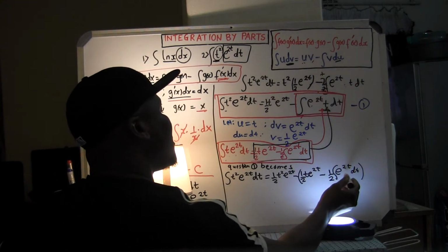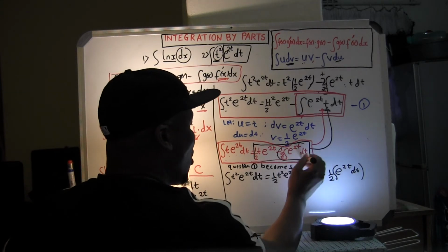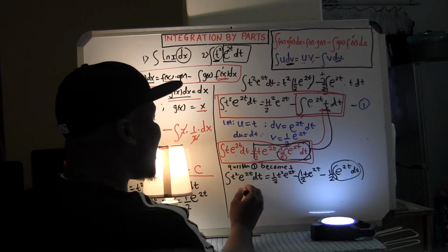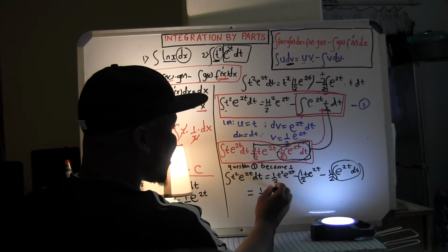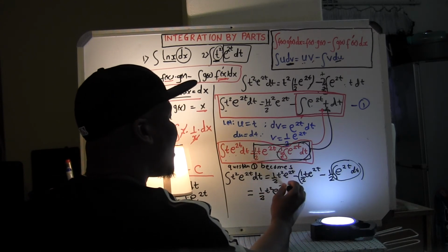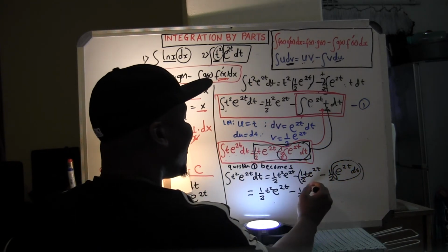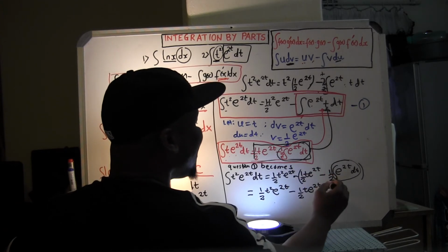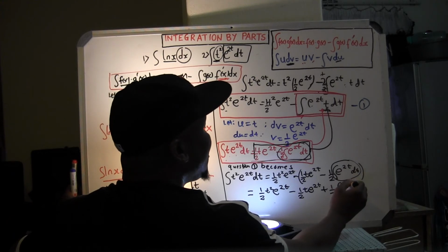But this one we know, so let's finish that one. This integral we can do normally. So finally, this is equal to a half t squared e to the 2t minus a half t e to the 2t plus a half integral of e to the 2t dt.